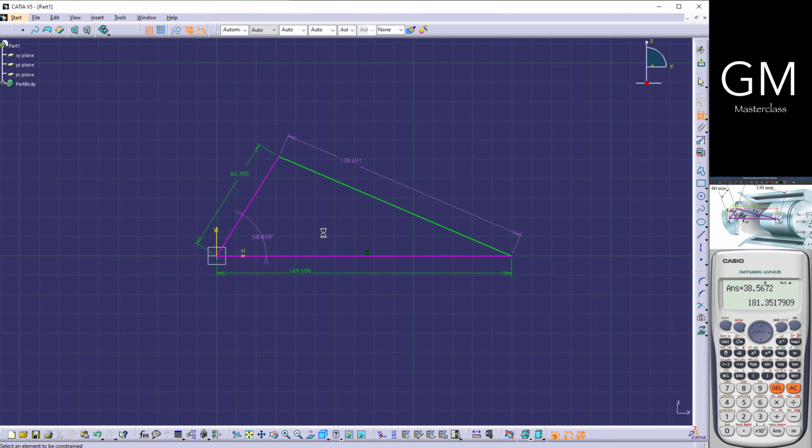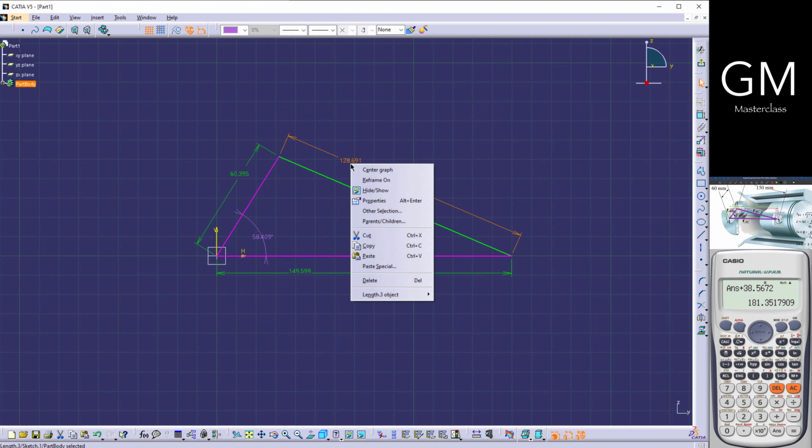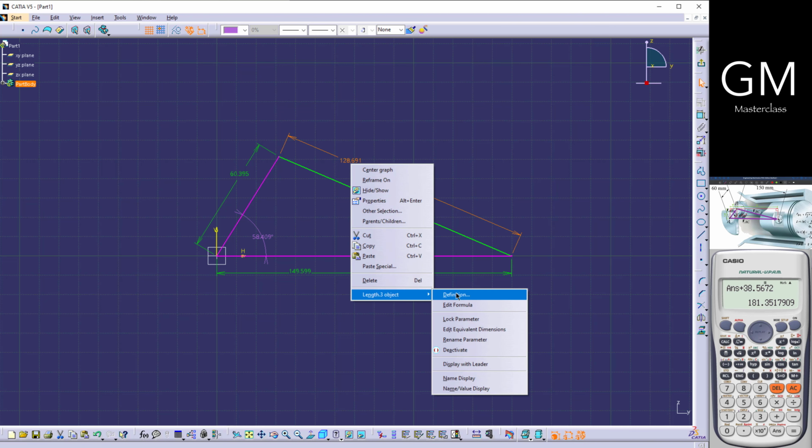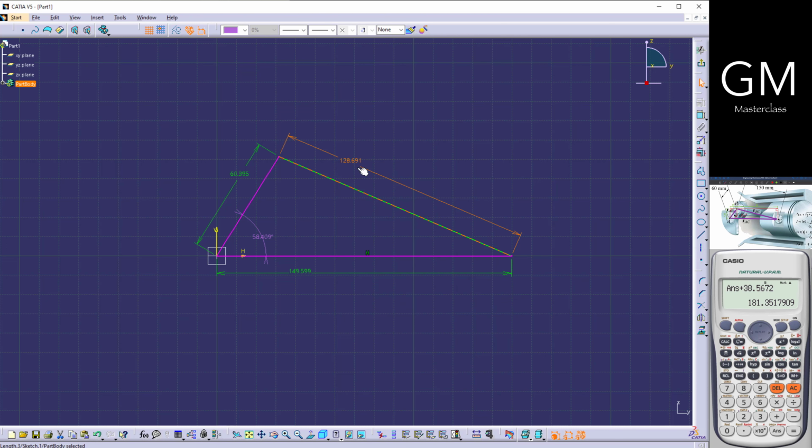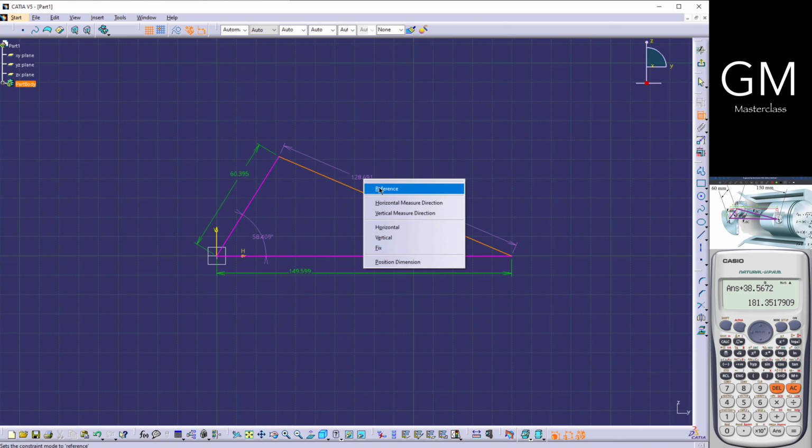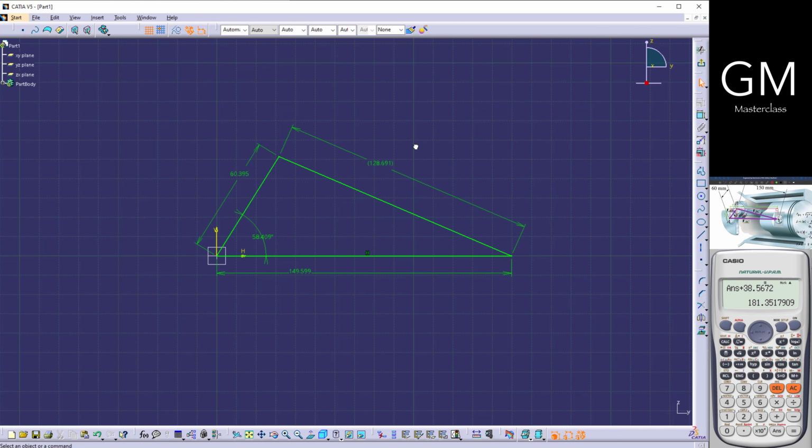And right here I have an angle. This is telling me in pink that I have over constrained the piece. So this has to be created as a reference, so it only shows but does not change anything.